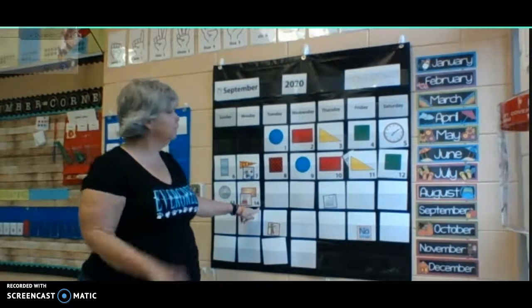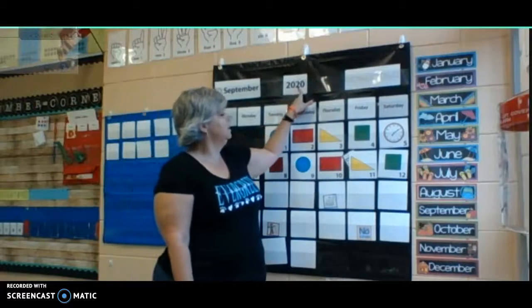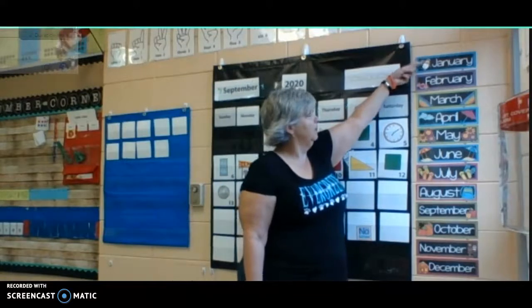The 1 and a 4 makes the 14th. 2020. And the months are, say it with me, January, February, March, April, May, June, July, August, September, October, November, December.